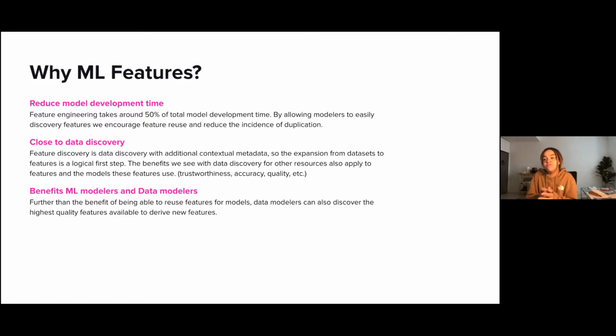And it also benefits not only ML modelers, but data modelers, because aside from the reuse of features to train models, you also have the ability to discover the highest quality features to be able to derive new features from those features to begin with. So it also helps out with that. So yeah, that's the why of starting with features; it seemed like a logical first step for this integration of ML project entities.